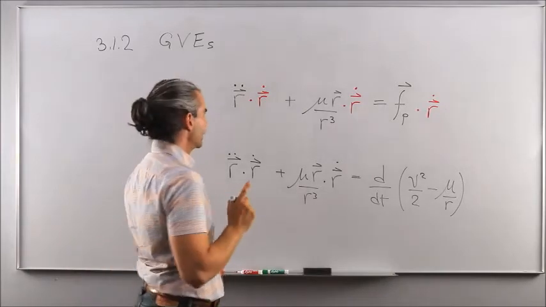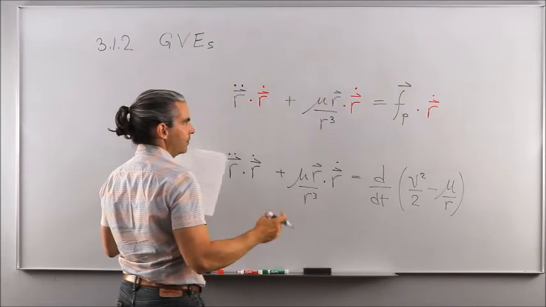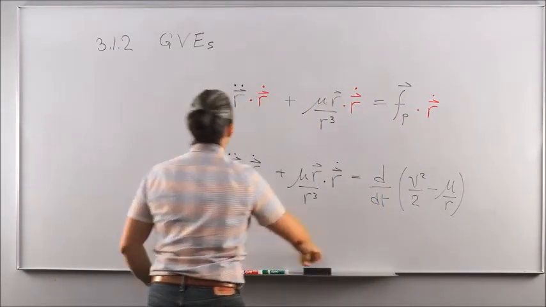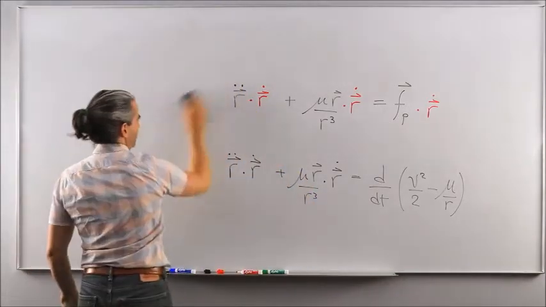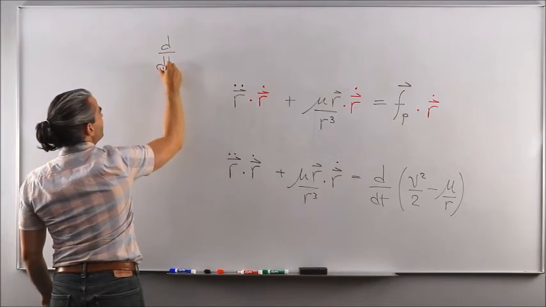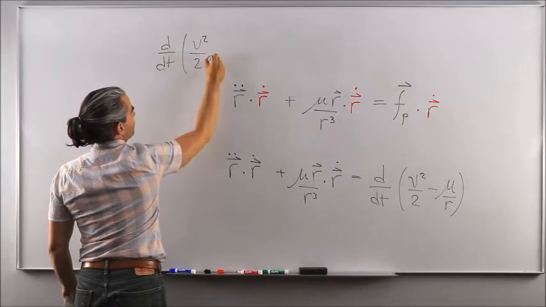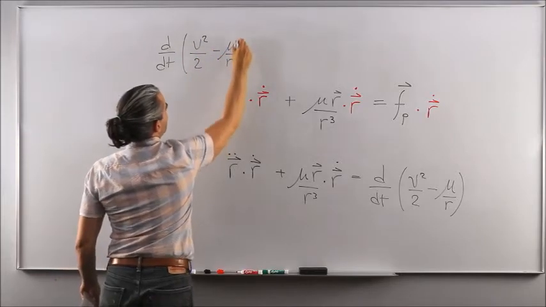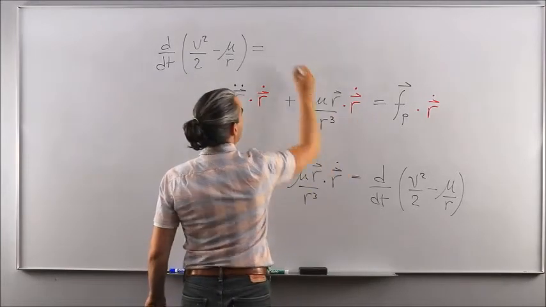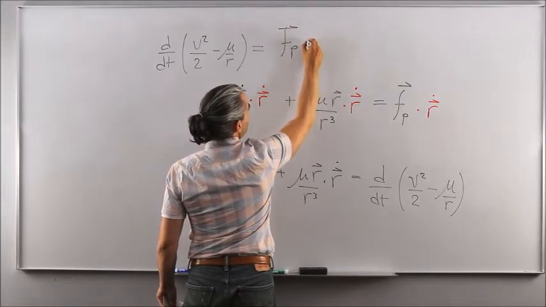This is quite neat, because if the left-hand sides of those two equations happen to be equal, it means that the right-hand sides also need to be equal, which means that the rate of change in specific orbital energy is no longer equal to 0, but a direct function of the perturbing acceleration vector.